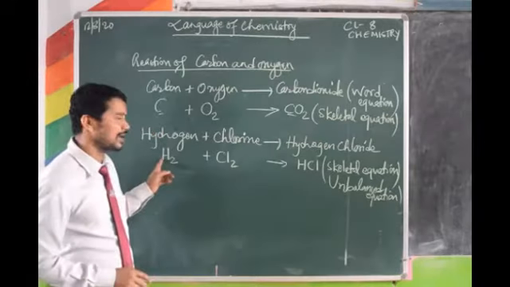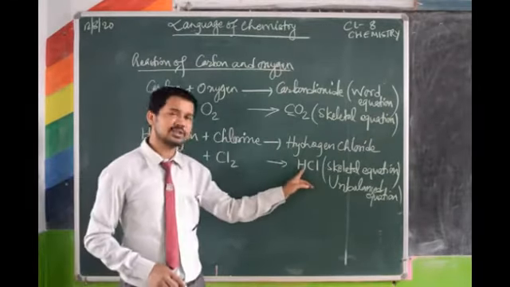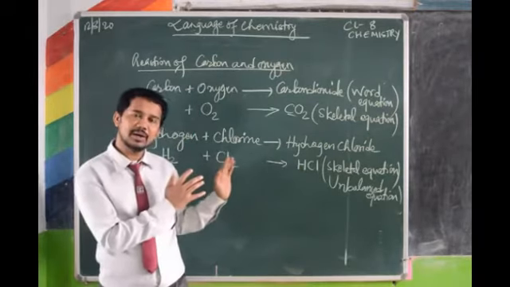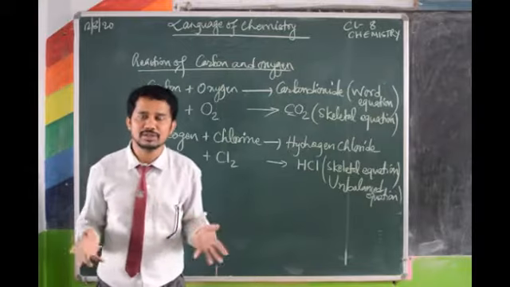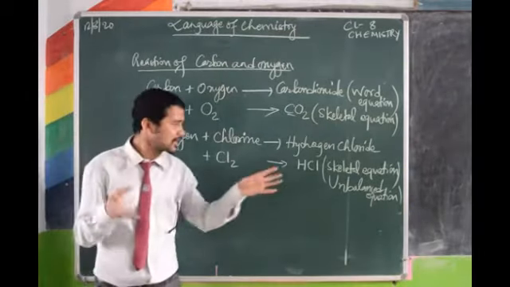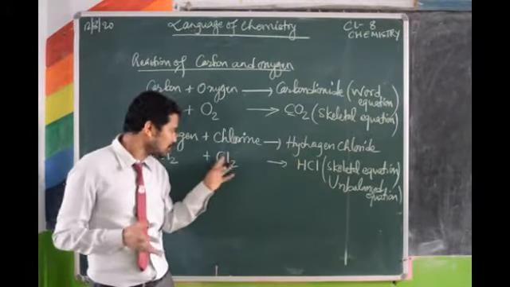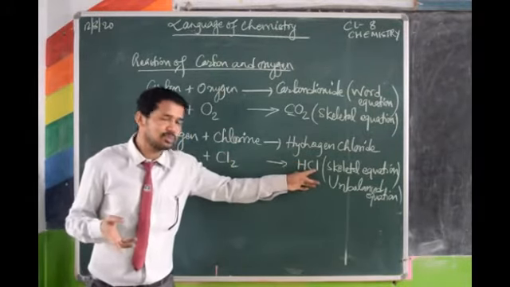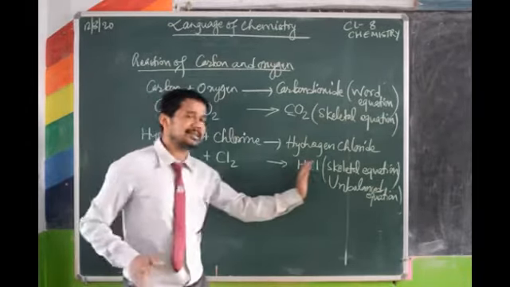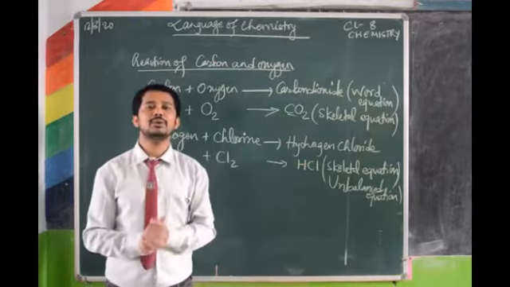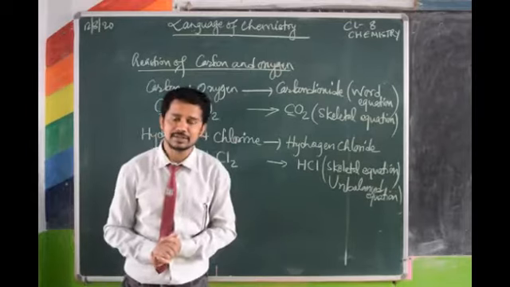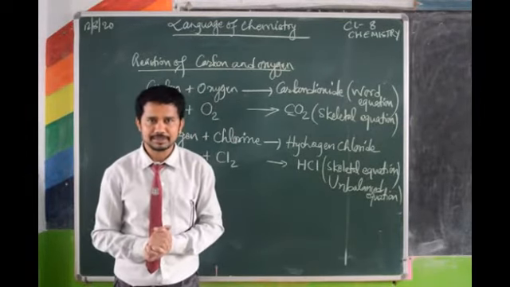Here 2 atoms of hydrogen are there, but here we can see only 1 hydrogen. That means one hydrogen atom is destroyed, and one chlorine atom is destroyed. So if we write like this, it will not follow the law of conservation of mass. There is a shortage of mass.